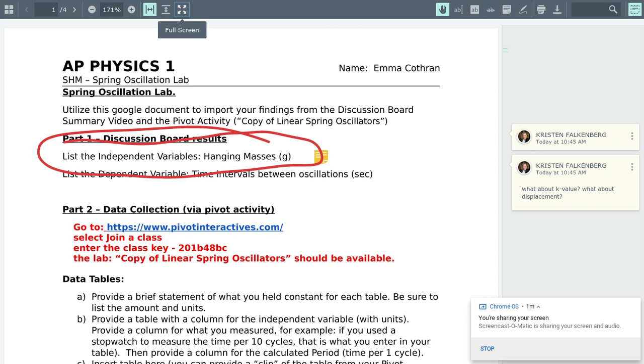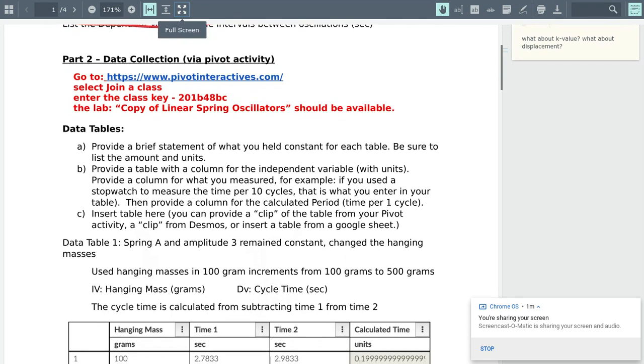Now, I see that you read down here in data tables, and this was just an example, but in the video, again, with the tools it gives you a stopwatch. Using a pause and advancing the slide for one full cycle, you can find the period of one cycle because they give you a timer that's giving you frame by frame time.